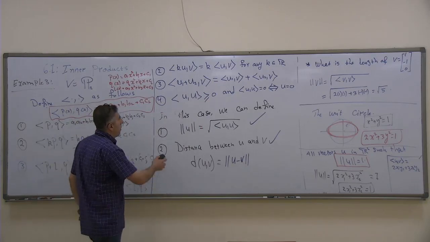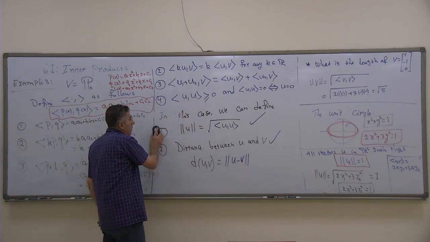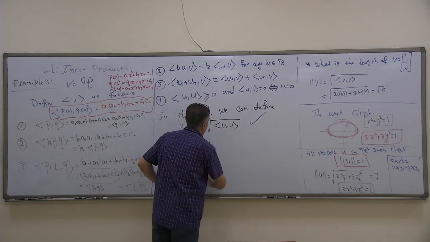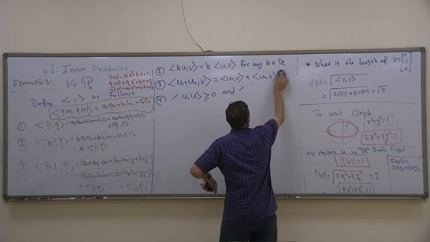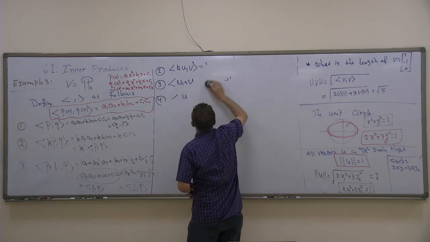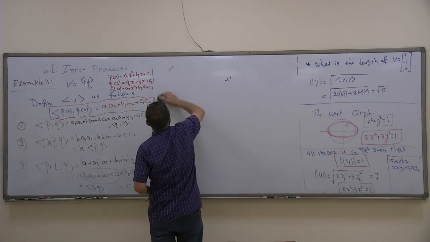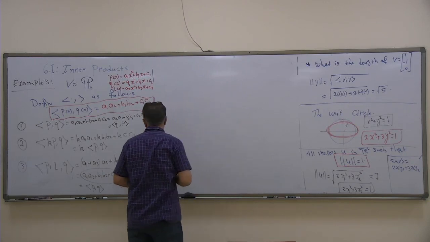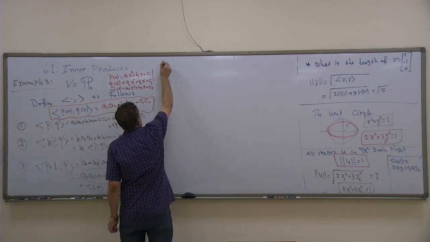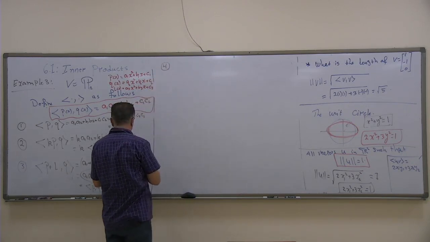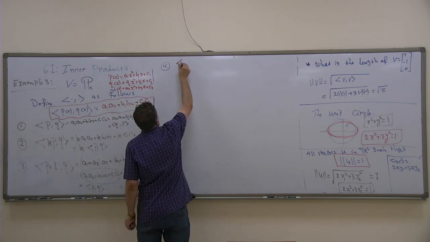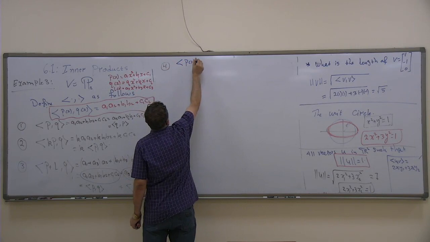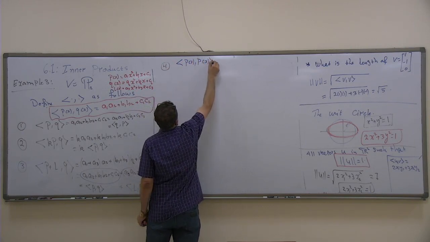Well, let's do that. I think now you remember those, so let me erase this part. Take P of x with P of x. What do you get?